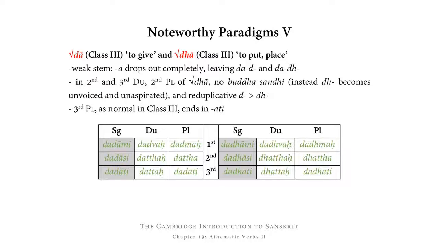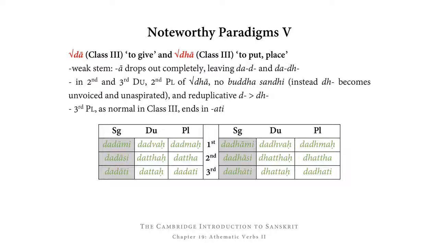Let's move on to two class 3 verbs, namely dā, to give, and dhā, to put or to place. Now these are class 3, and so to form their stem, they reduplicate, giving us dadā and dadhā. Remember, aspirated consonants reduplicate without their aspiration, and so it's not dha-dhā, but da-dhā.